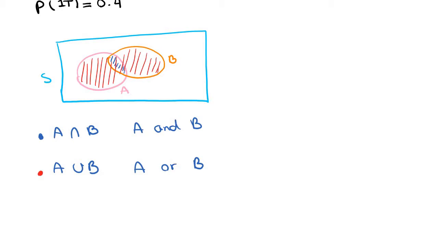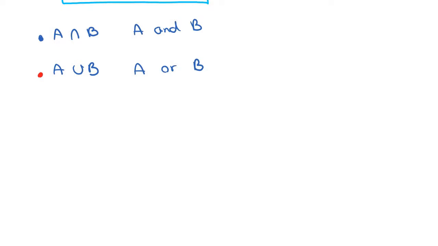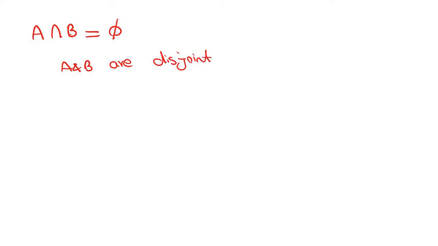Okay, now let's define total probability. If A intersection B equals a null set, which means there is nothing inside that, then A and B are disjoint, or mutually exclusive.